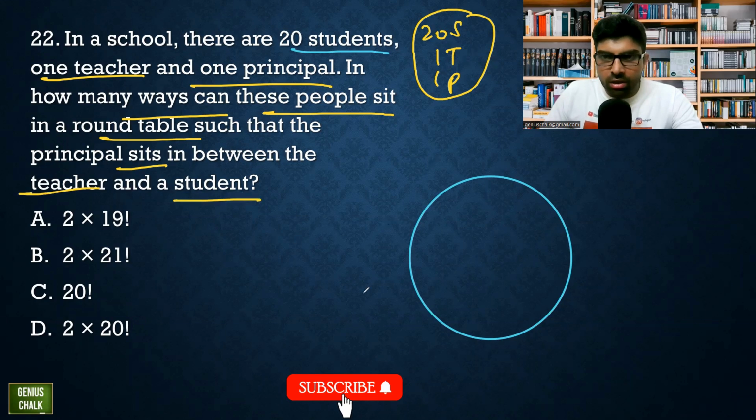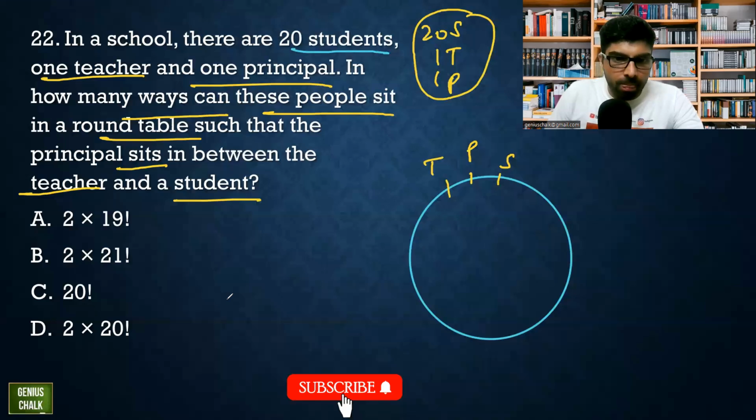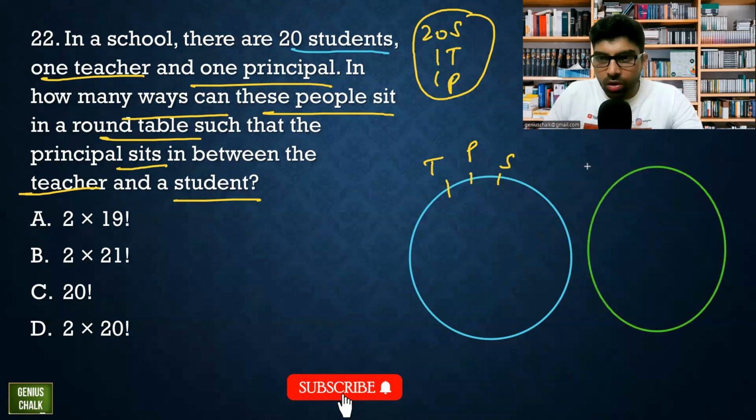It's like this. This is a circle. Now the principal has to sit like this between the teacher and the student. This is one way. And the second way could be, he can sit like this also. Principal, then student this side, teacher this side.